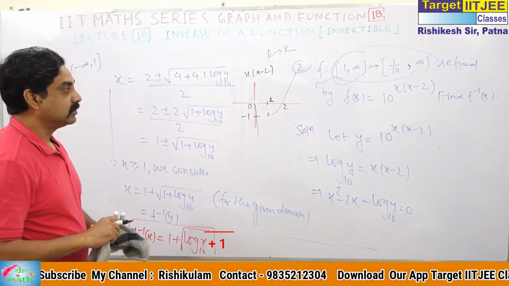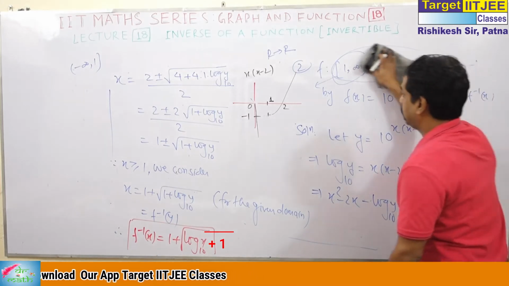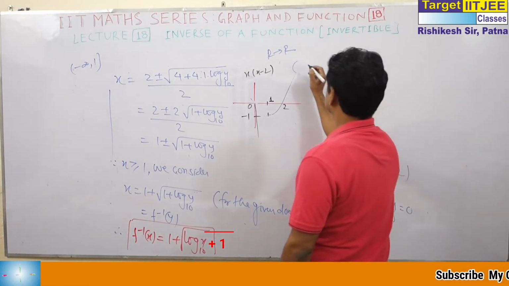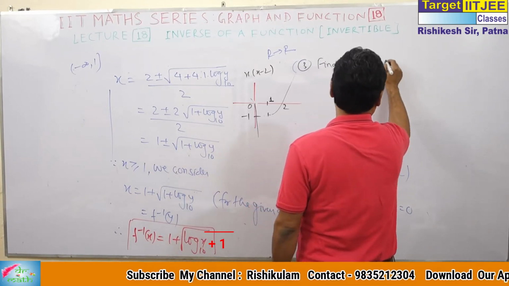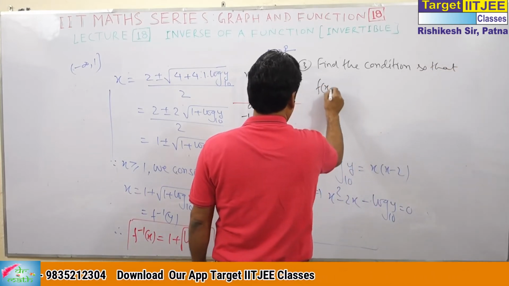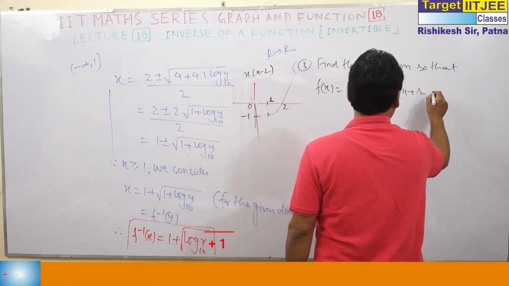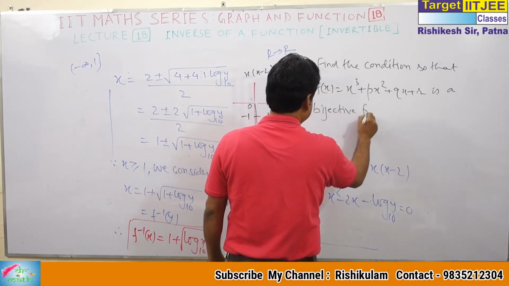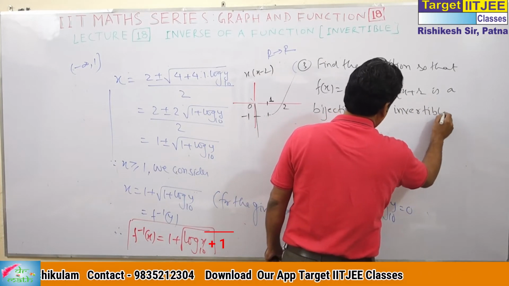Now let's come to one more question. Simple question. Find the condition so that f(x) is equal to x cube plus px square plus qx plus r is a bijective function, or invertible, or the inverse exists.